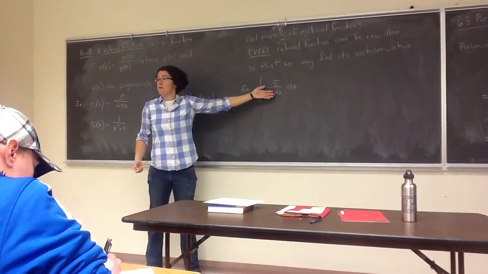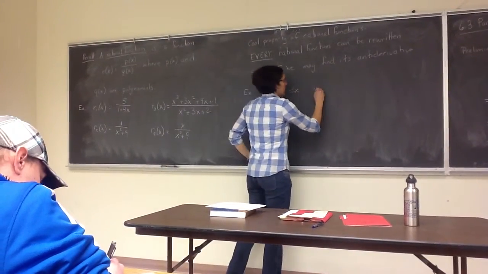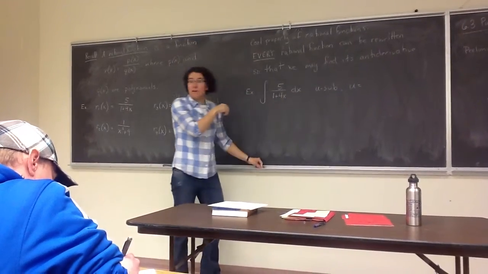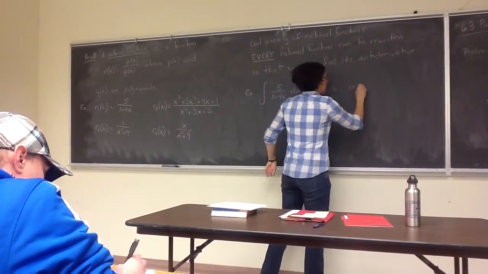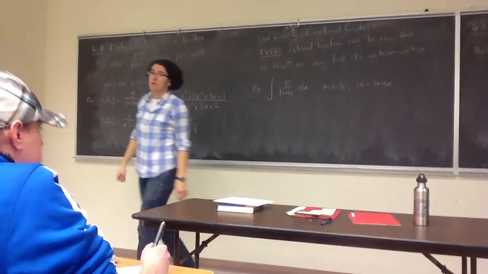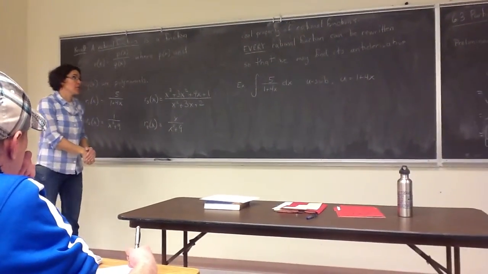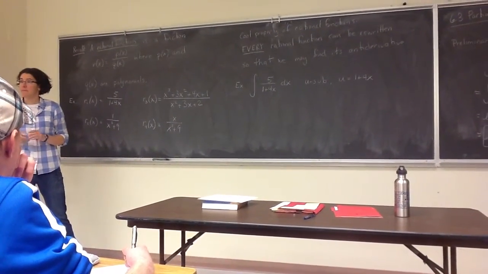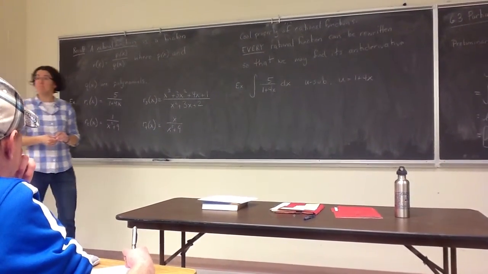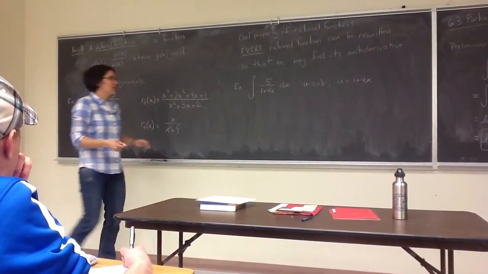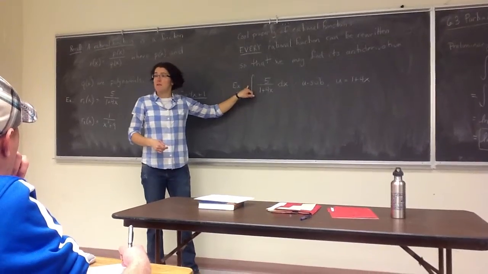I could look at a u sub where u is equal to my denominator, u is equal to 1 plus 4x. Then I could work through the calculus and the algebra and eventually come up with some natural log. Hold the 5 on the top and pull it to the outside, and can we just use the observation we used earlier? That's a really good observation. I can bring the 5 to the front.